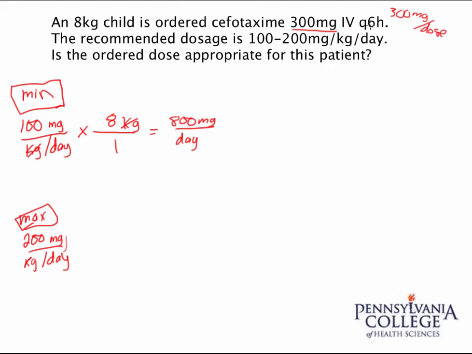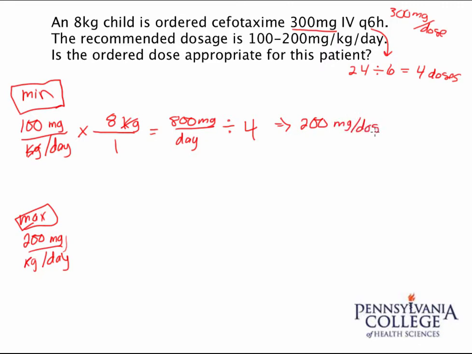If you think about it, we're giving every 6 hours. If we break up our 24-hour day into 6-hour increments, that's going to give us 4 doses. So if the patient is to receive 800 milligrams per day, and we divide that evenly by 4 doses, we would get 200 milligrams per dose.